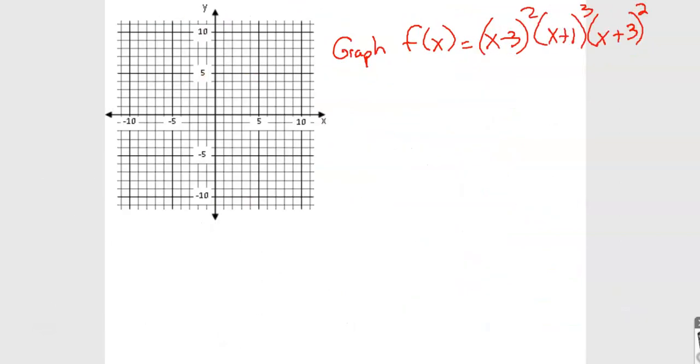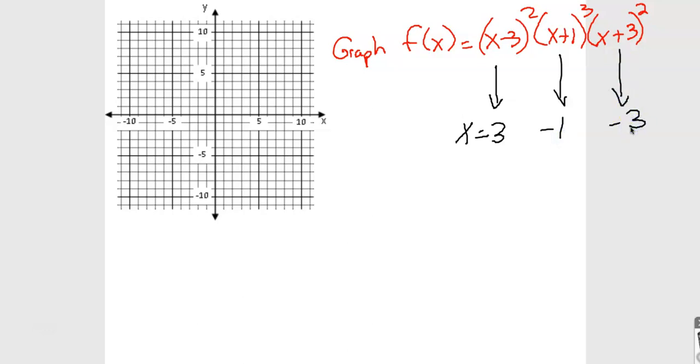Let's graph this really quick. I'm not looking for accuracy right now. I really want you to know a couple things on this. I want you to be able to graph this literally within about 10 to 15 seconds at most. First of all, if you set this equal to 0, you can see the zeros are x equals 3, x equals -1, and x equals -3.